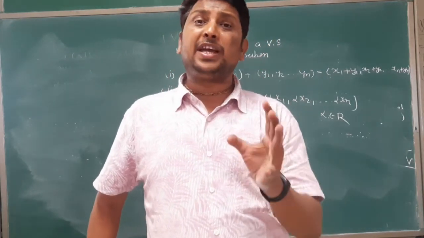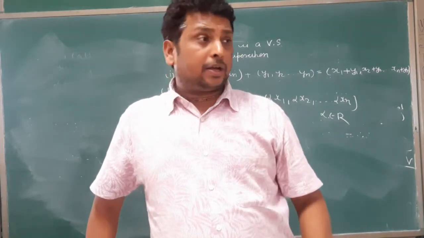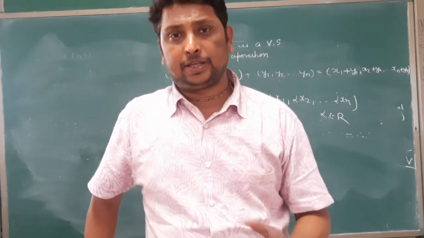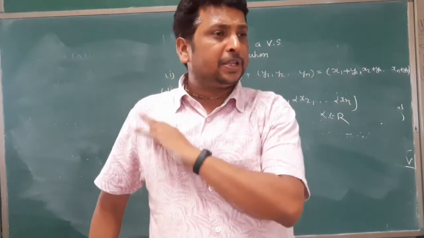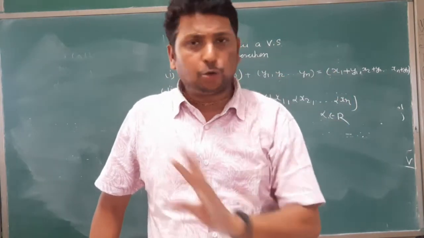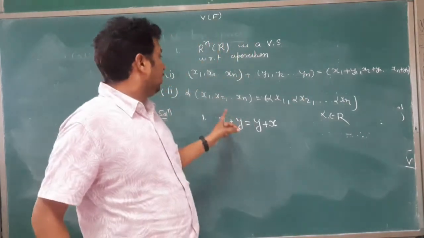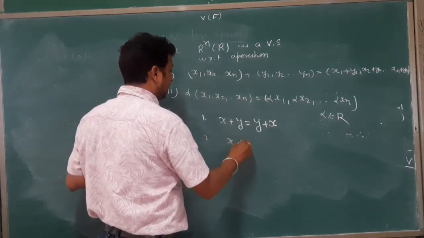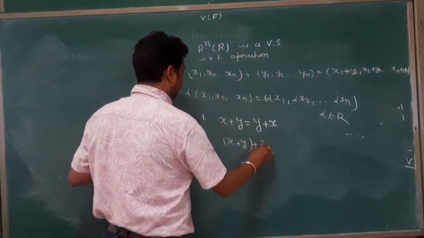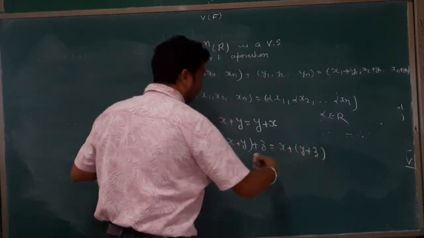This is called an inherent operational property, meaning it depends on the operation only, so it will always be satisfied. No need to prove it anywhere. Addition always satisfies the commutative law as well as the associative law. But if you want to prove it, you can prove it.